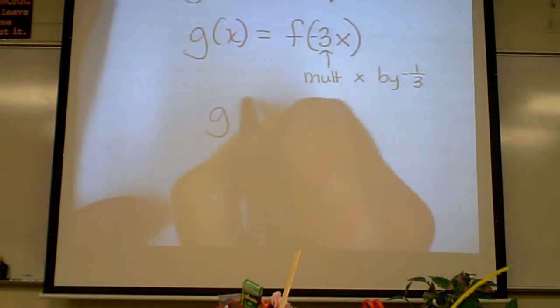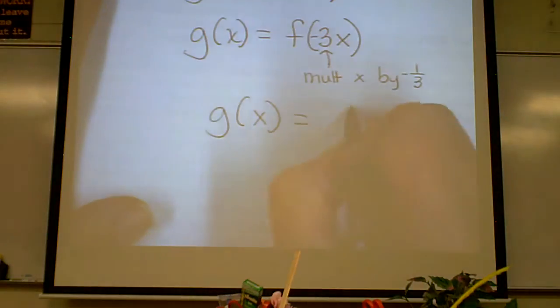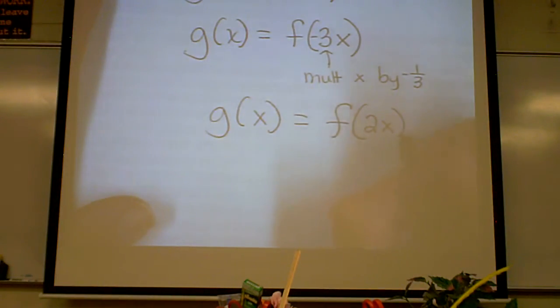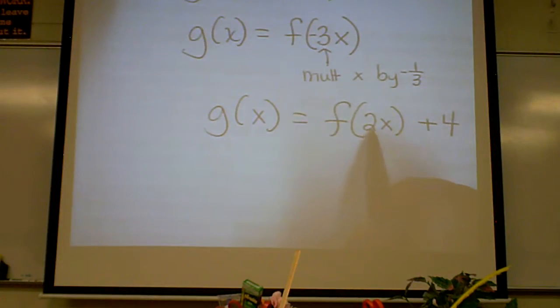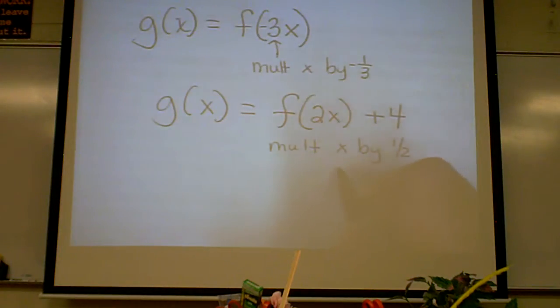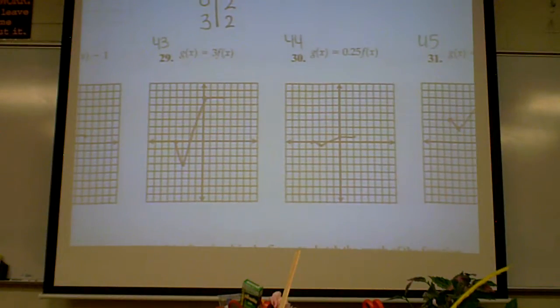What if I gave you this problem? What would you do? Multiply the x values by what? A half. And then shift them up 4. And what would you do to the y values? You're going to add 4 to them. Does this come back to you now? Okay, so that's what you do.